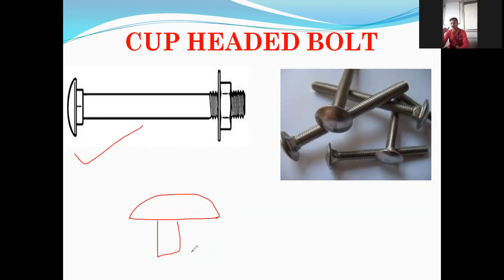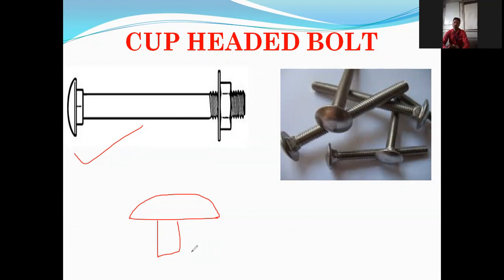You can see, when you sit on a bench or come to college, that cup-headed bolts are used in case of benches. What is the purpose of a cup-headed bolt? The bolt head should not come above the surface.